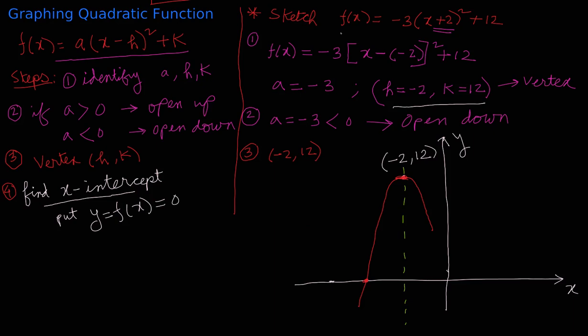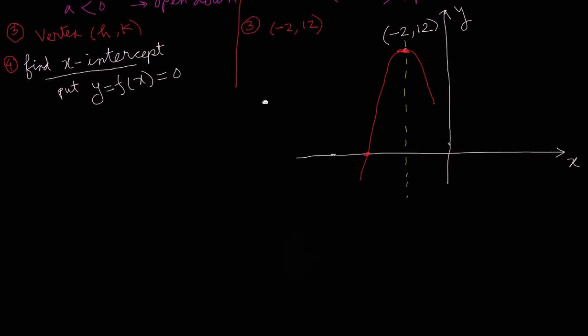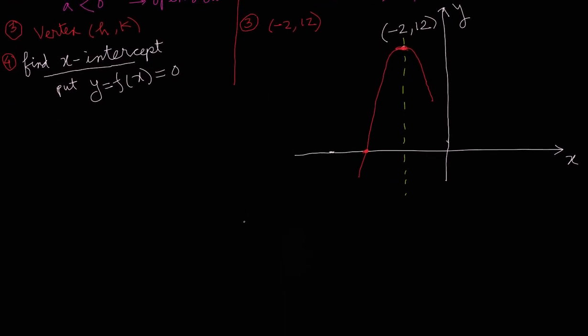So first of all, my function of x is -3(x plus 2) square plus 12. Now I am going to put function of x, or y, equal to 0 for my step number 4. Let me rewrite my original function: -3(x plus 2) square plus 12.